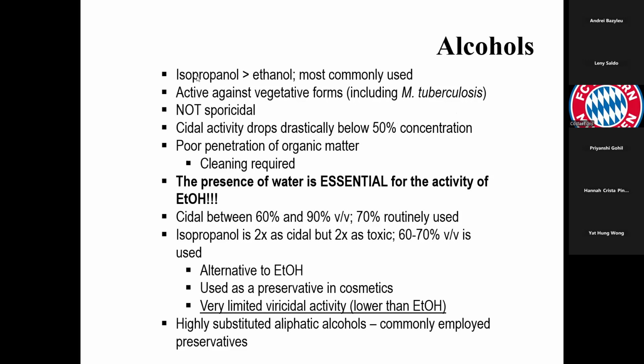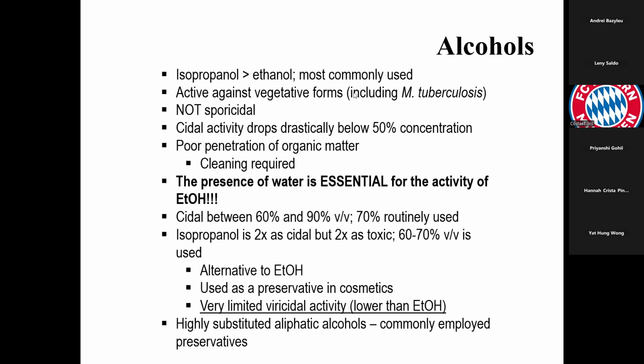Both disinfectants are active against vegetative forms, including some of the more resistant species. Don't forget, I'm using Mycobacterium tuberculosis as an example of more resistant bacterial species, but in general it means bacterial species that are famous for their elevated levels of resistance.